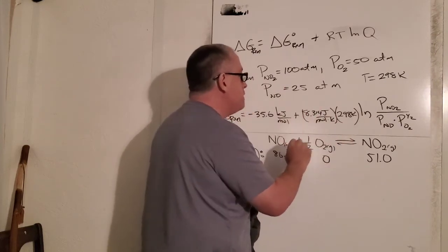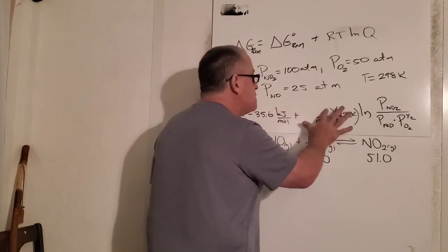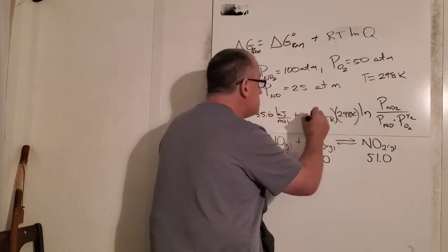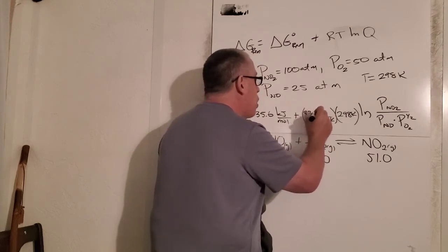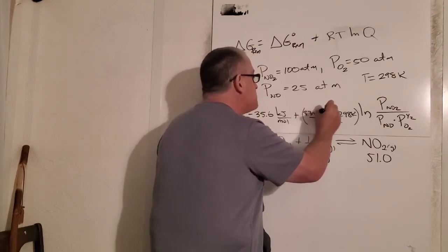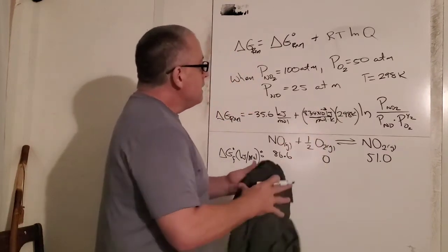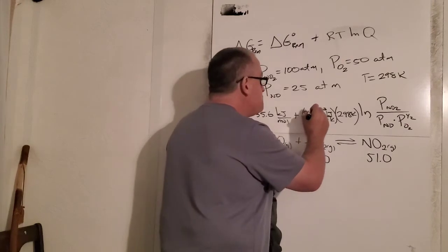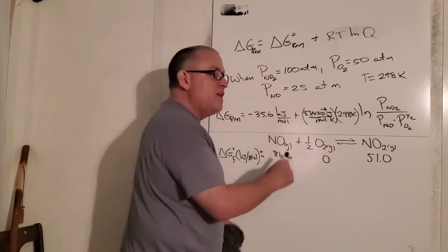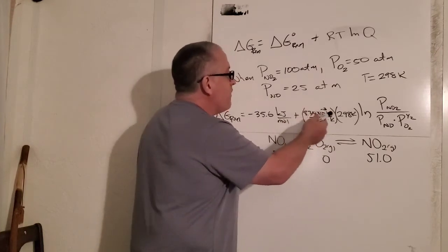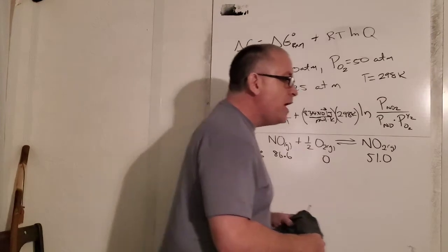So this is what I'm going to do. If I divide that by 1,000 to turn it into kilojoules, that would be 8.314 times 10 to the minus 3rd kilojoules per mole Kelvin. A lot of times when I have to convert it into kilojoules so it's consistent with this, I just remember if I divide by 1,000, that's the same as 8.314 times 10 to the minus 3.